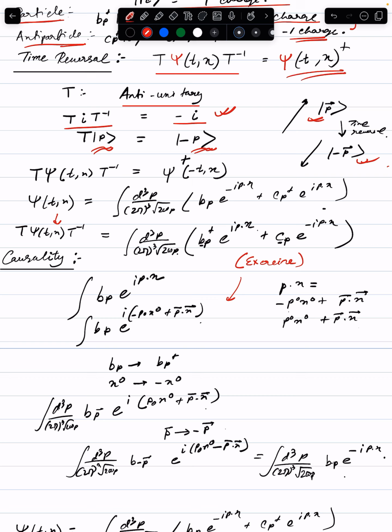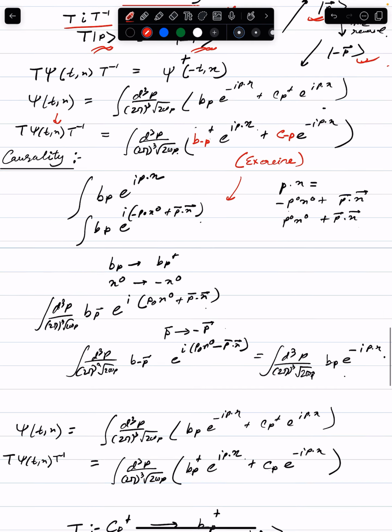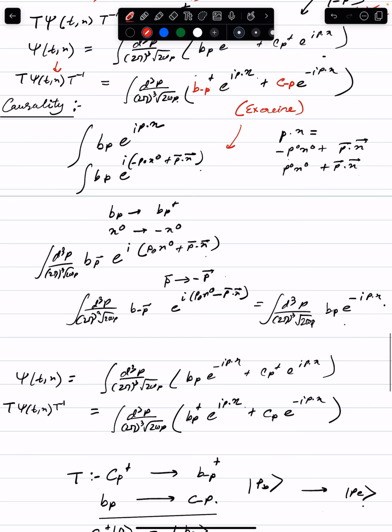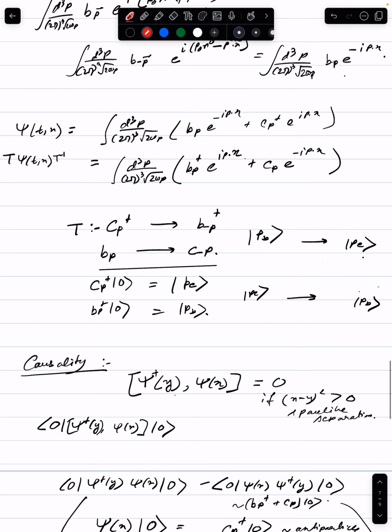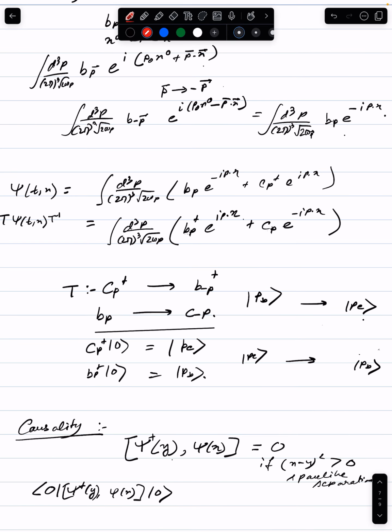So you take t, which is x naught here, to minus t, and also you take the complex conjugate, and then what you get is B minus p dagger and C minus p. So this is what you get. Okay, so these are the things that you get.